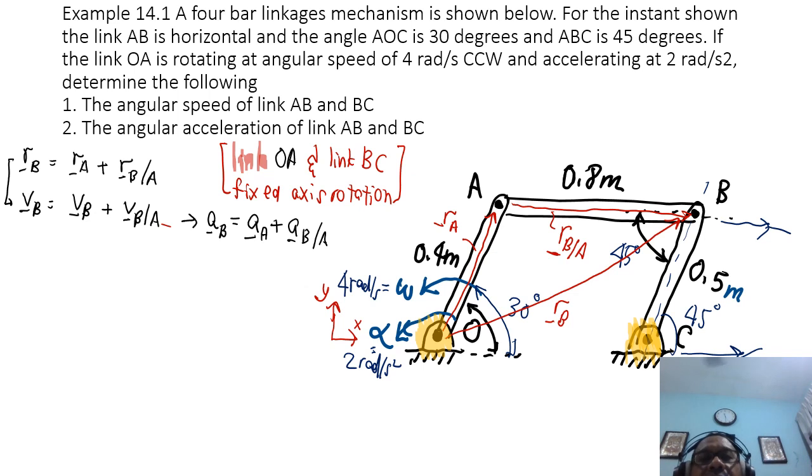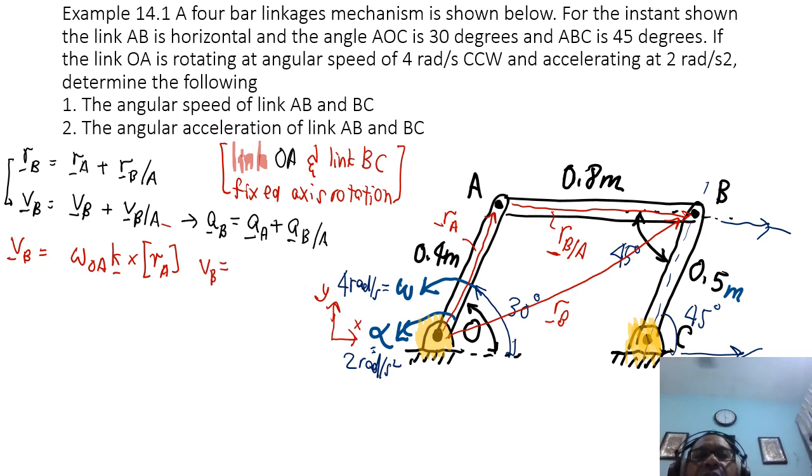So therefore VB, because of its fixed axis rotation, equals omega OA K, we assume the direction, cross position vector A. And then what about VB?